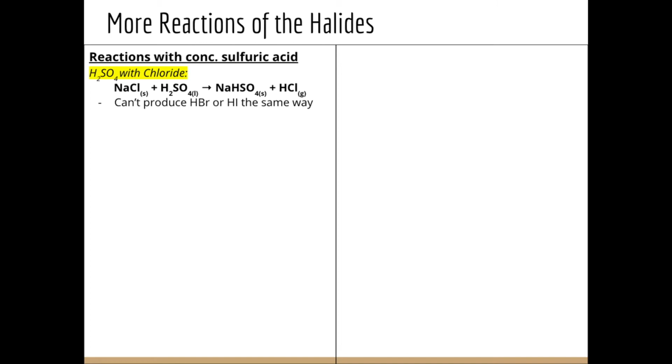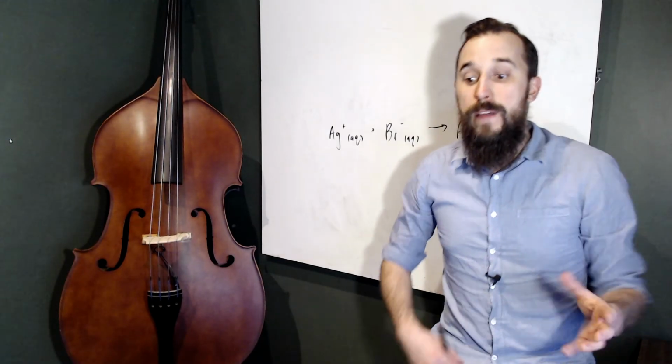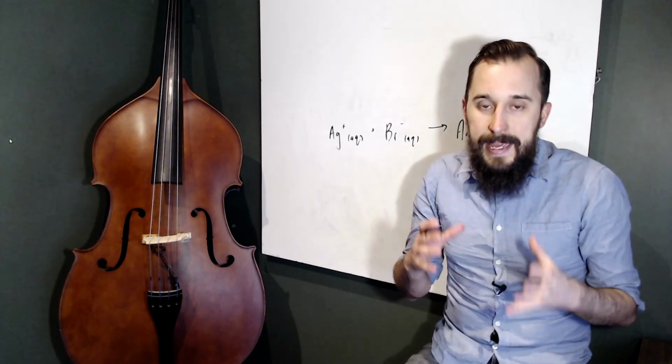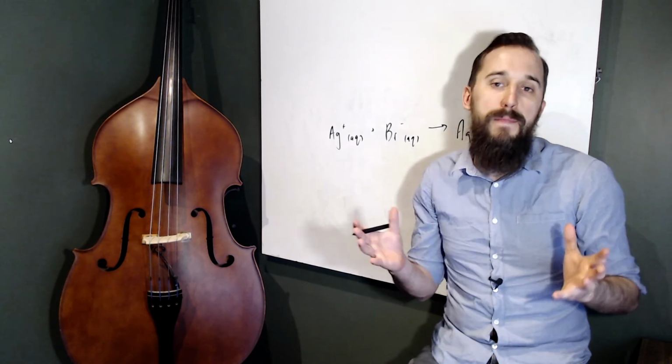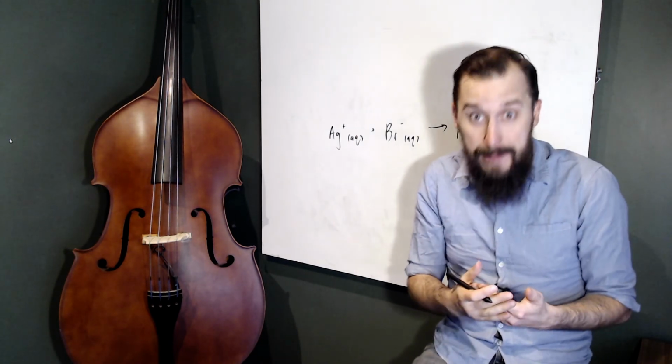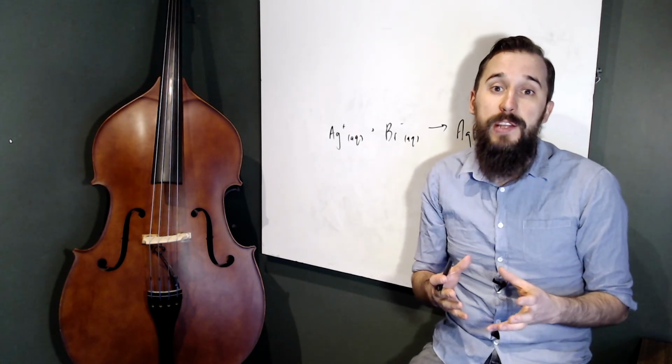It's all to do with how good an oxidizing agent the sulfuric acid is, and also to do with the relative stability of HBr and HI. Because we said in the last lesson that as we go down the group, it gets easier to decompose the hydrogen halide, because that bond energy becomes weaker.